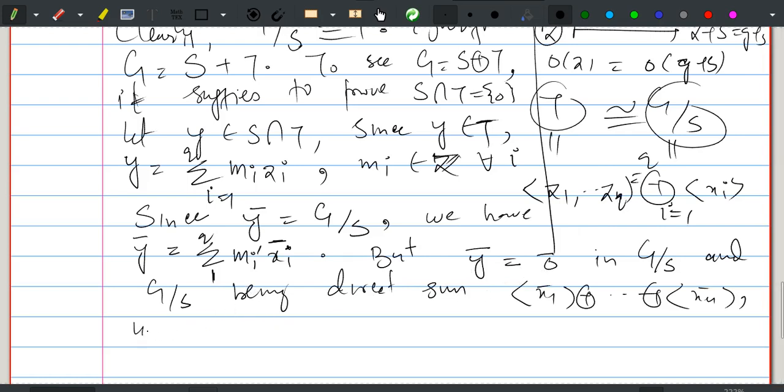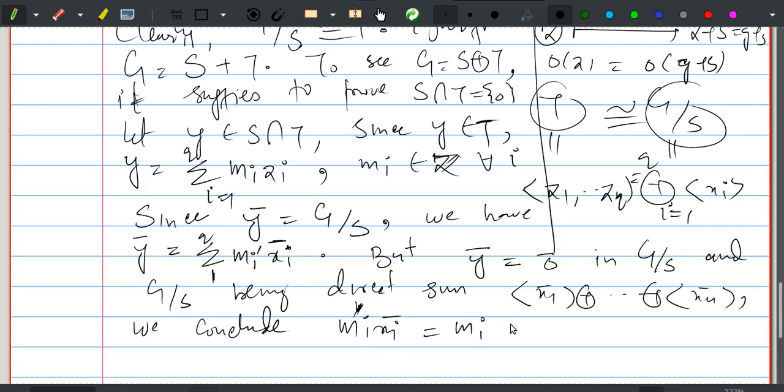So we conclude that the sum of mi prime Xi bar, which equals the sum of mi Zi bar, is 0 for all i.